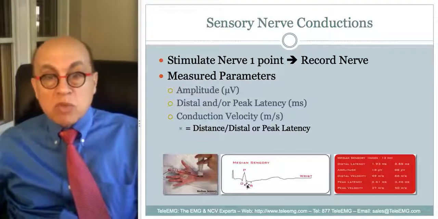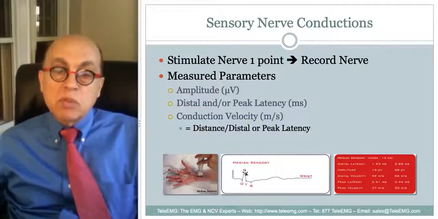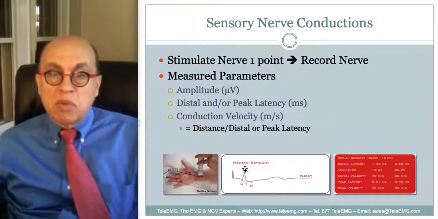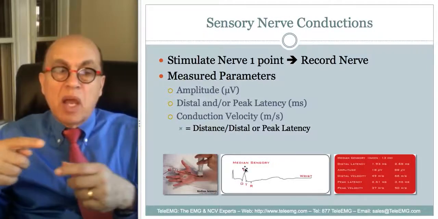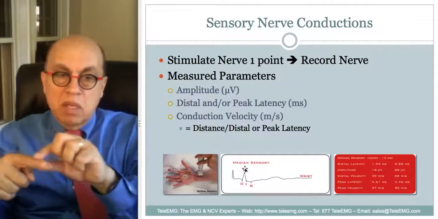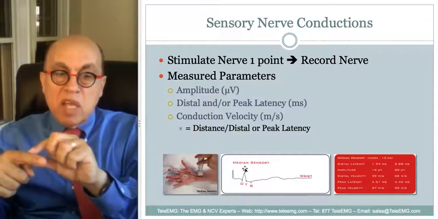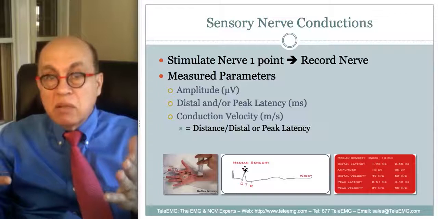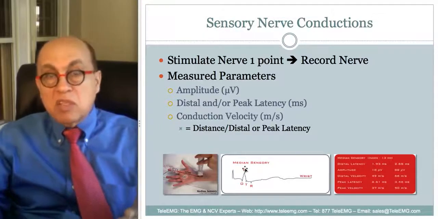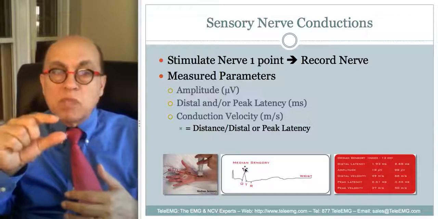Now, what do we measure with that? We measure the amplitude. Well, how big is this response? Let's talk electricity. If you have a cable, and that cable has electrical wires inside of it, it can have 10 wires. It can have 20. It can have 5. You guessed it. If you have 5, you're going to get a small response.